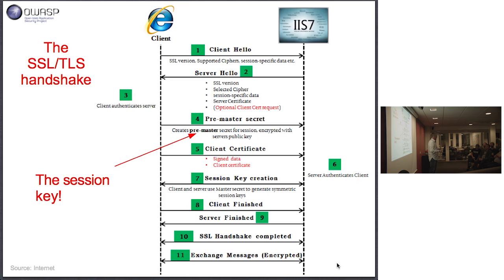Everybody assumes that's going to happen, and we're going to show that it rarely happens. Actually, it's really scary. But anyway, if it validates, then the client generates what's called a master secret, random data, and then uses the public key from the certificate to encrypt the master secret and sends it back to the server.